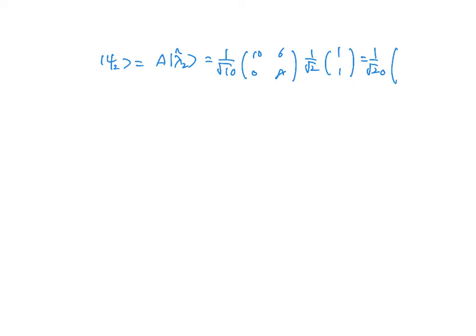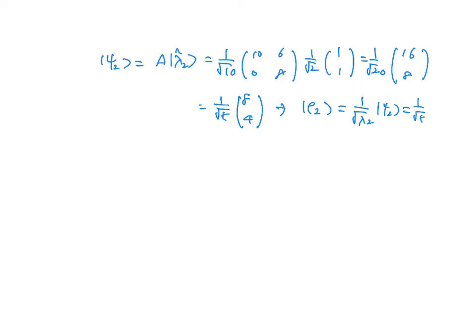That is 16 and 8, right? So that is 1 over square root of 5 times (8, 4). E2 is then 1 over square root of 5 times (2, 1).